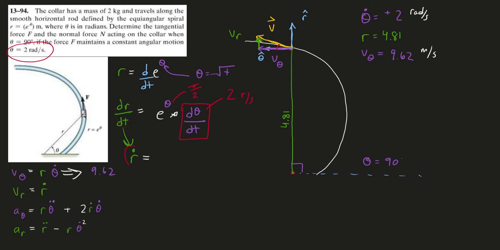Just don't forget, when you see these things, remember to break them down and remember what they really mean. So the r dot that I get is 9.62 meters per second. And funny enough, this is the same thing we got for the transverse component.